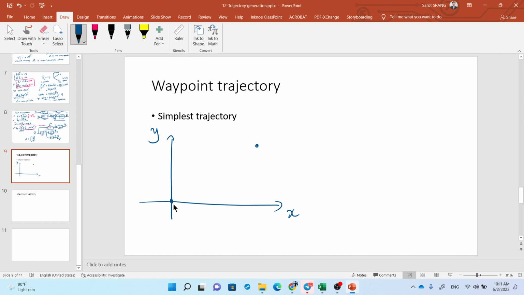At the initial time, the robot orientation is like this, so XB is here and YB is also here. Then I want it to move along the line to the end point. Here is the start point, here is the end point. And when it ends here, the robot has an orientation like this.